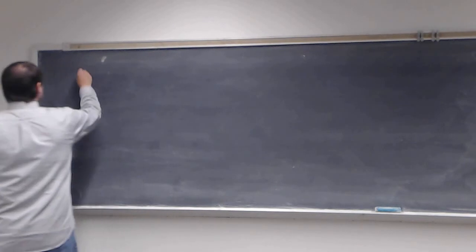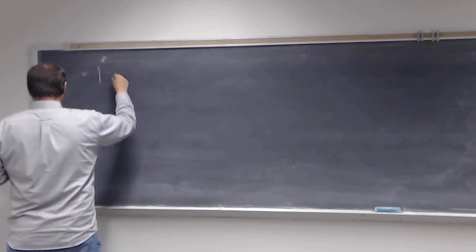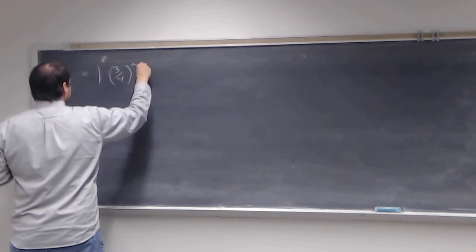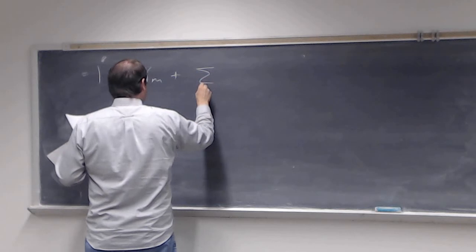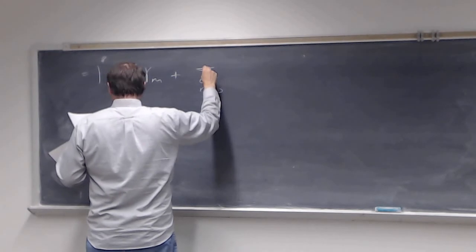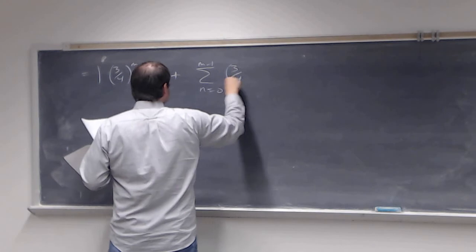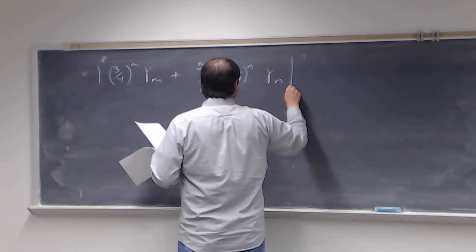Now that's equal to, so I'll break up that sum into two parts. The last term, which is when n is equal to m, is 3/4 to the m, gamma sub m, plus the sum as n runs from 0 to m minus 1, of 3/4 to the n, gamma sub n.